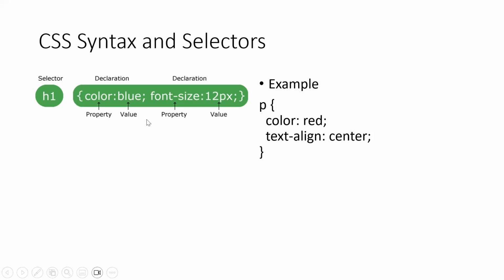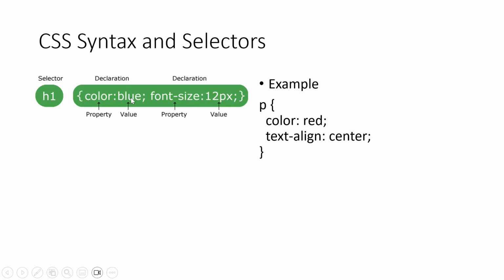The first thing that we need to understand is its syntax and different selectors. I will explain what these selectors mean. For example, if you take the H1, we know it's a header element, and that is a selector. Within curly brackets, we can define how we modify the selector's appearance.